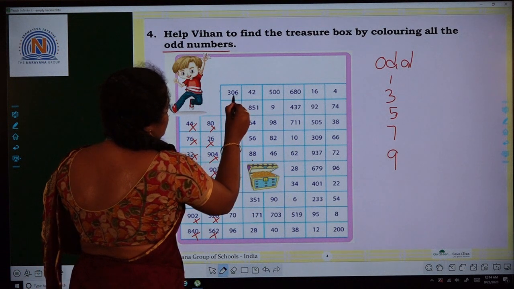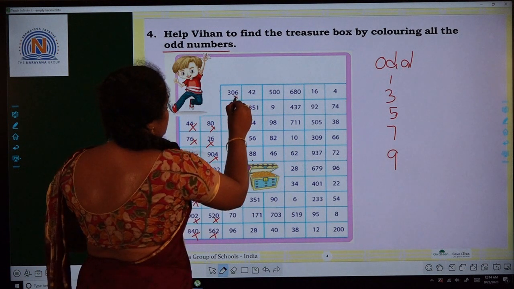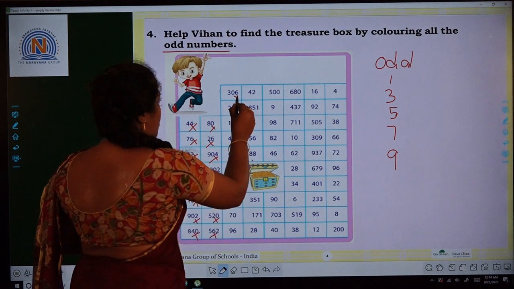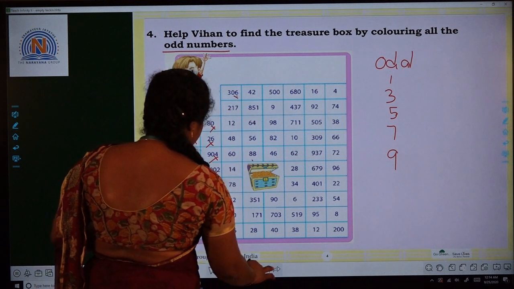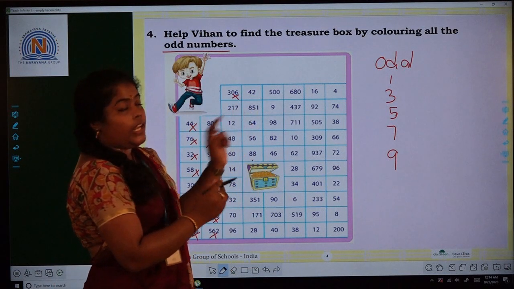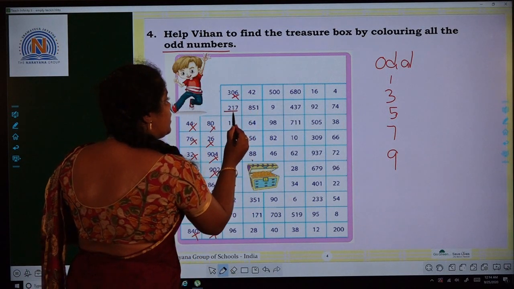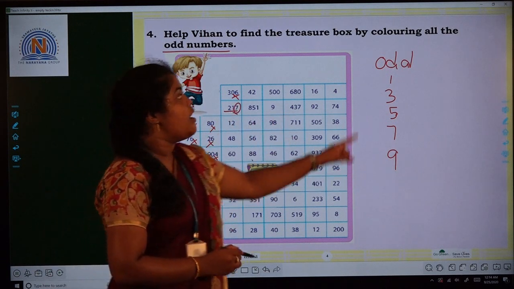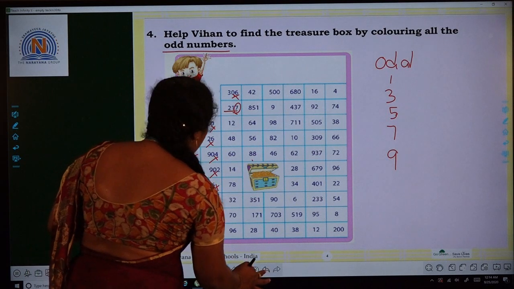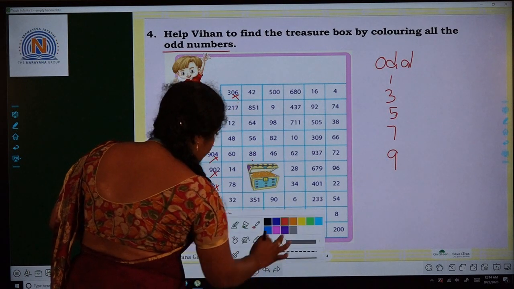In that ones place 6 is there. If 1, 3, 5, 7, 9 is there, it is an odd number. So it is not an odd number. Next. 217. Here in the ones place the digit is 7. If 7 is there, it is an odd number. So we have to color the 217.